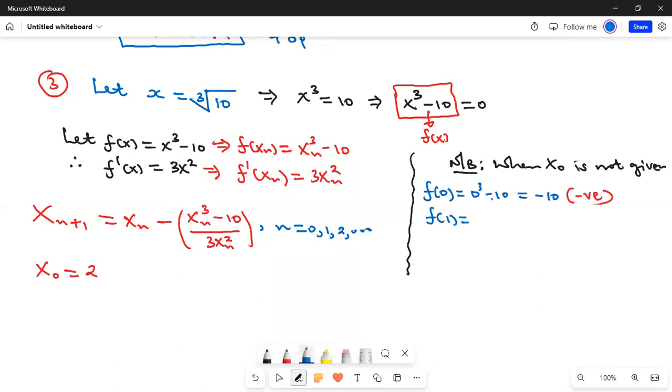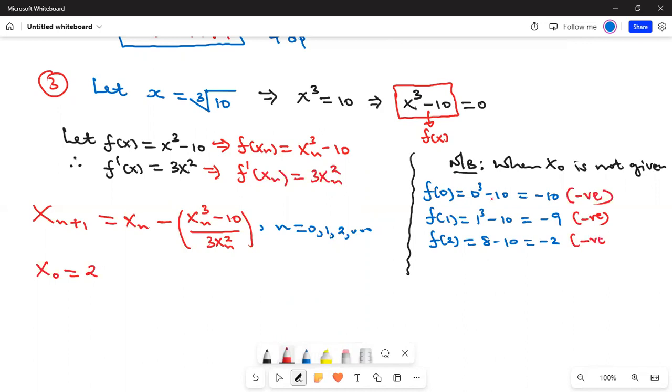That is 1 cubed minus 10. Negative 9. Again, the sign is negative. Let's try f of 2. 2 cubed minus 10. That is 8 minus 10, and that is negative 2. Again, the sign is negative.